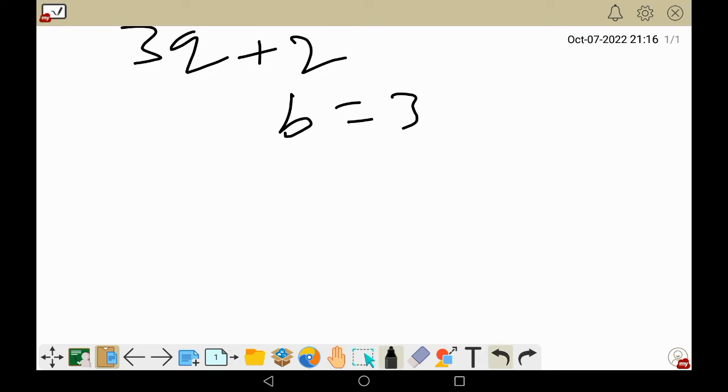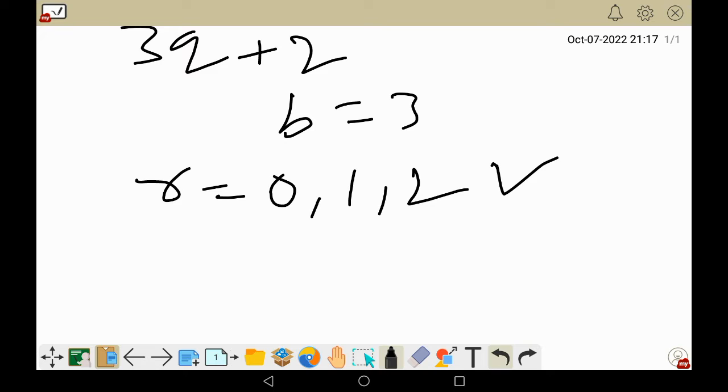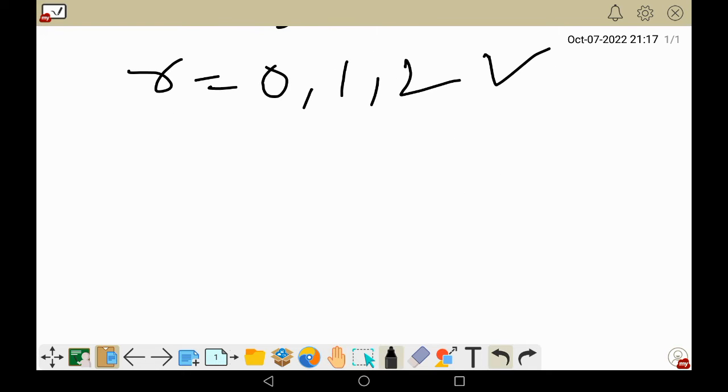If B is equal to 3, then the value of R must be 0, 1 or 2, not 3, because we already said that the value of R must be less than the value of B. So the value of R must be 0, 1, 2.